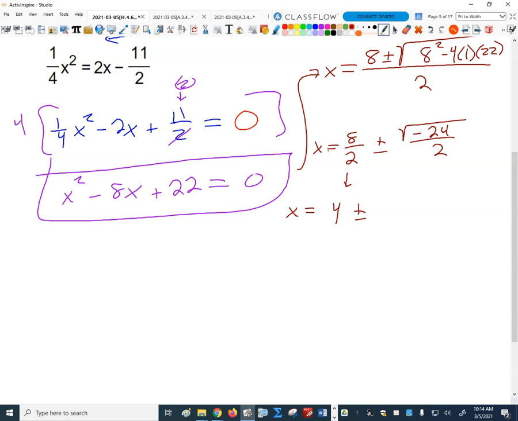I'll give you an example: something like 8 to the 1/2. So the square root of 8 is 2 times 2 to the 1/2. Or if you want to, there's another way you could type these in.